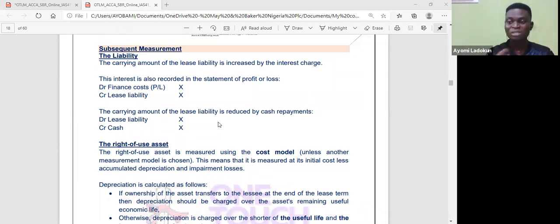So if I'm paying, then my liability will come down. In that case, I debit lease liability and credit cash. So can you take time to look at what I just said, before I continue.